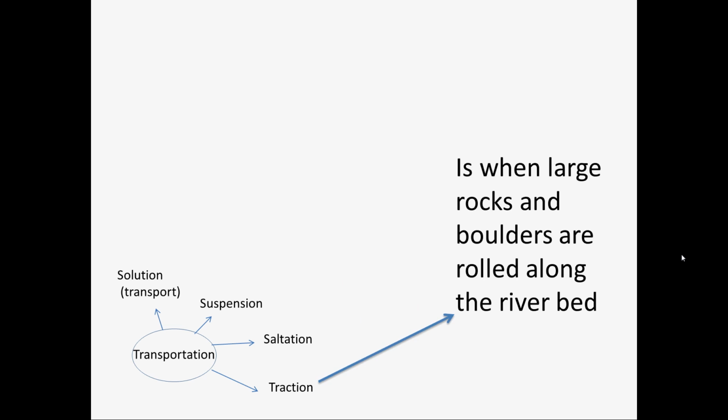And then traction, which is when large rocks and boulders are rolled along the riverbed. If you remember, when we did the transportation subtopic, we had the energy bars. So if you want to remember which way round they went, go back to the videos with the transportation in, I think it's 3 and 4, and look at the energy levels. It might help you remember them.